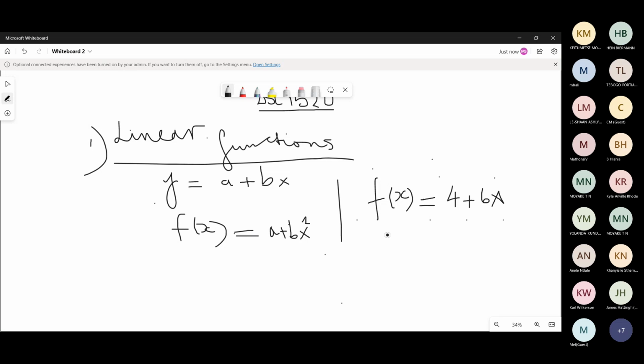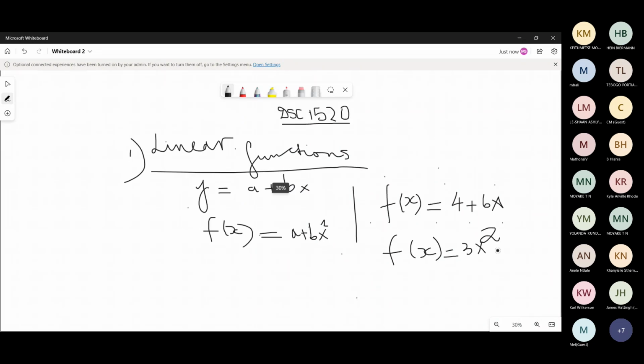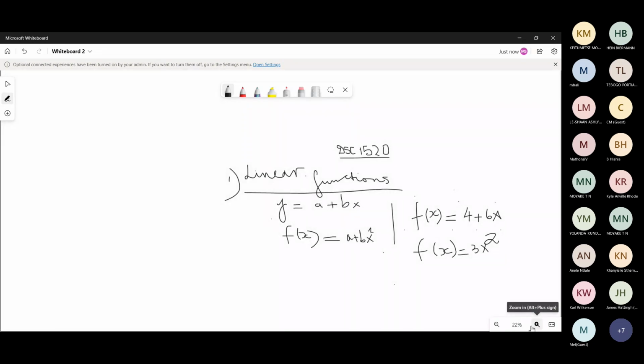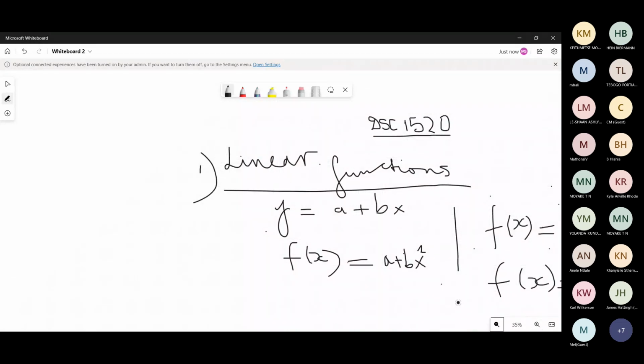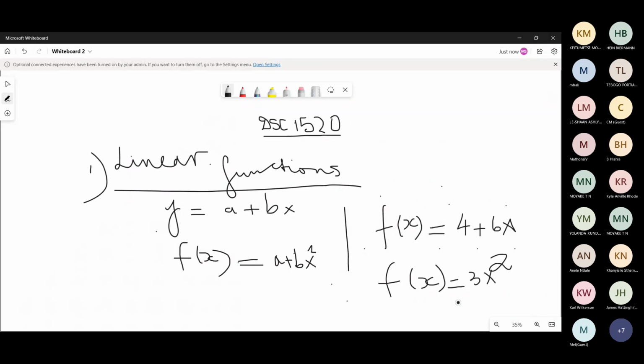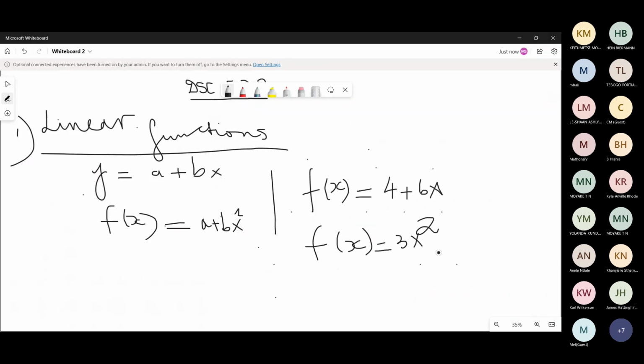I take, for instance, the function f of x equals, say, 3x power 2, plus something, say, for instance, 4x.